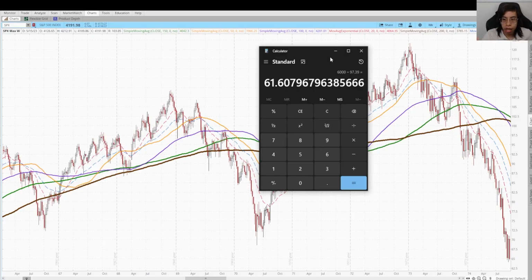The best funds you're going to find are the Vanguard S&P 500 ETF, the SPY ETF, which is the standard SPDR ETF tracking the S&P 500, and the other one is the Vanguard S&P 500 Index Fund.